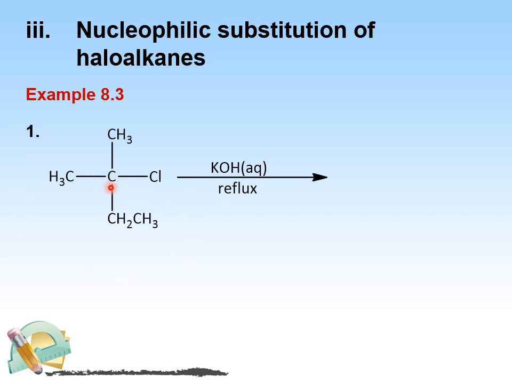So, will it undergo SN1 or SN2? Yes, well done. It will undergo SN1. That is having two steps mechanism. Right. So, what is the product for this reaction? Yes, simply replace the chlorine atom with a hydroxy group.